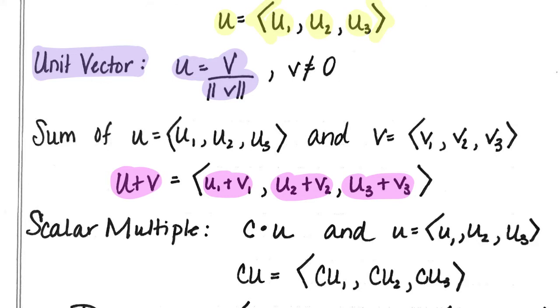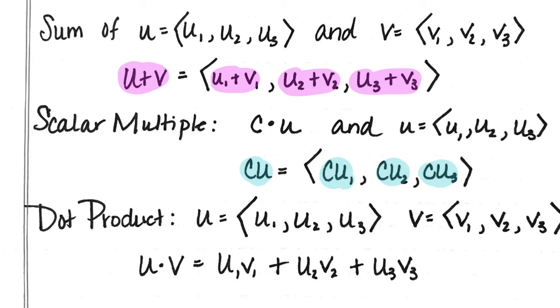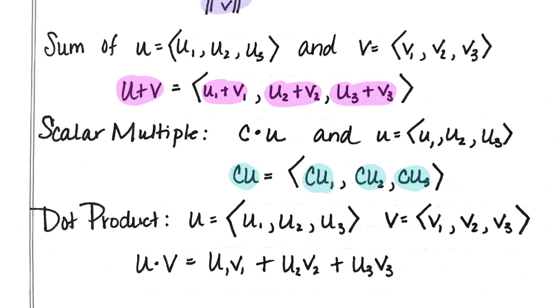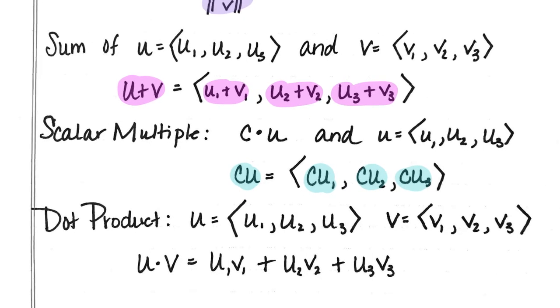Notice when I multiply c through to u, I get c times u sub 1, c times u sub 2, c times u sub 3. And the last thing that we're going to look at is the dot product. Remember, the dot product is when we multiply, but we are multiplying and adding all 3 of these points in component form.